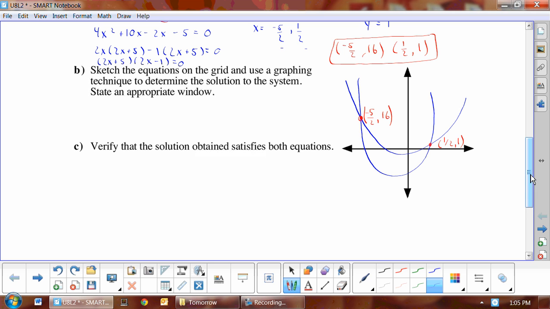So when they ask you to verify, they want you to verify algebraically. I'm expecting you to verify graphically. It'd be stupid not to, right? It takes 1 second, and it'll tell you whether or not you get it right. So when you write this unit test, like I said, you can graph everything.